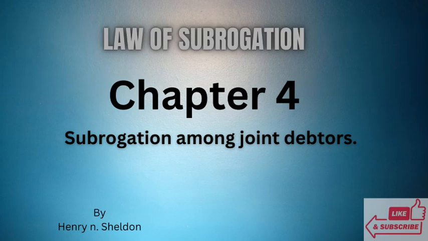Each joint debtor is regarded as the principal debtor for that part of the debt which he ought to pay, and as a surety for his co-debtors as to that part of the debt which ought to be discharged by them.